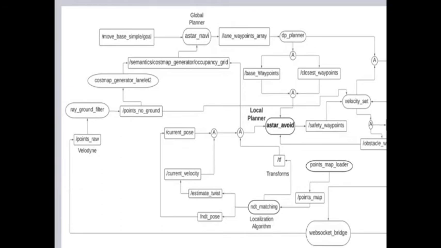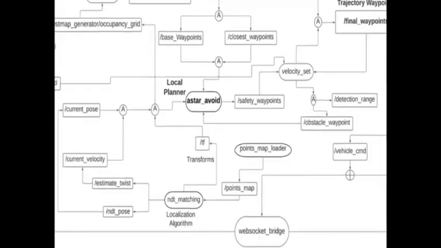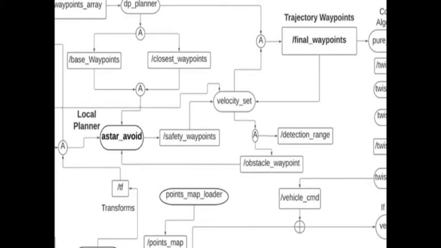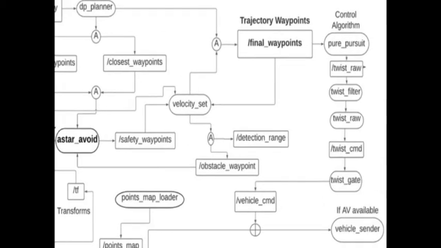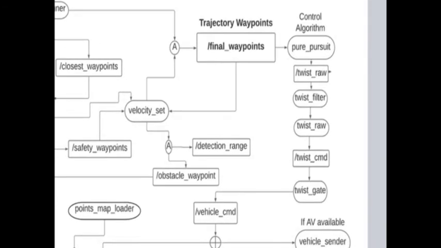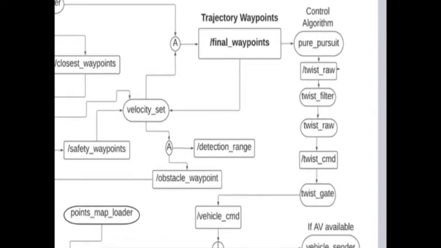And based on these obstacles, the local planner receives this data and calculates safety waypoints and closest waypoints, and then it sets the velocity, and this velocity obeys the kinodynamic constraints, and then it sends to the final waypoints here.